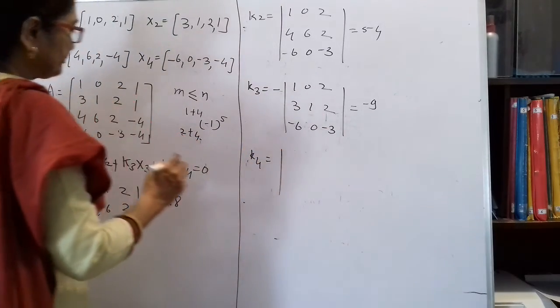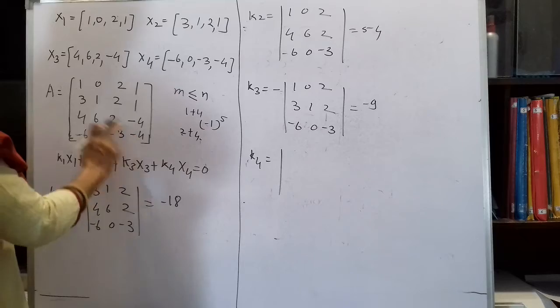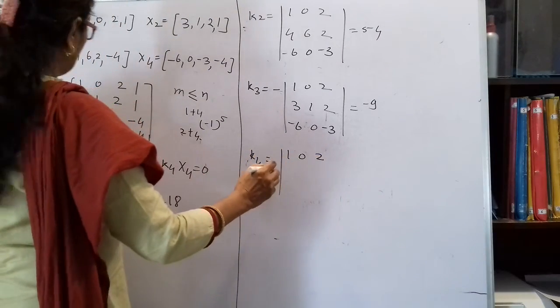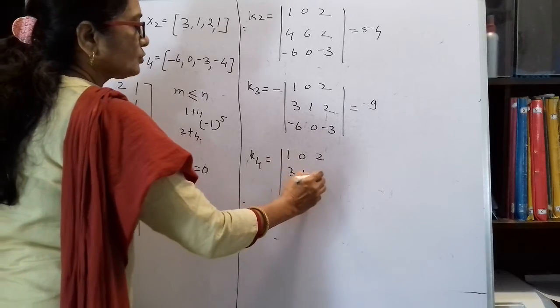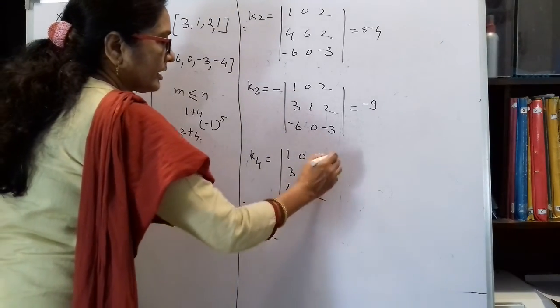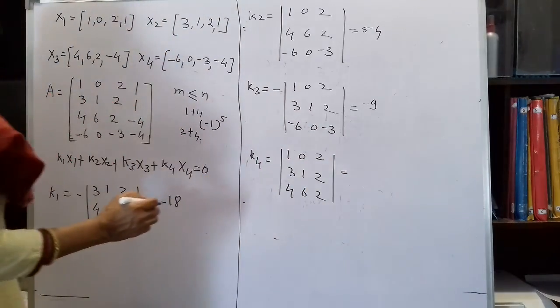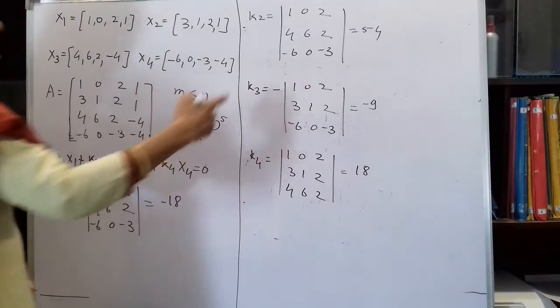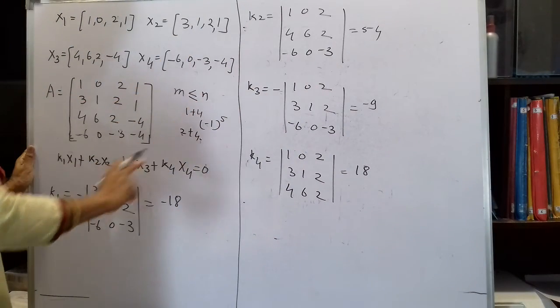K4 is again positive and अब इसका कोफैक्टर निकालना है, तो it is 1 0 2, 3 1 2 and 4 6 2, and again we have to expand it and we are getting, suppose it is 18, तो ये 18 मिल रहा है.